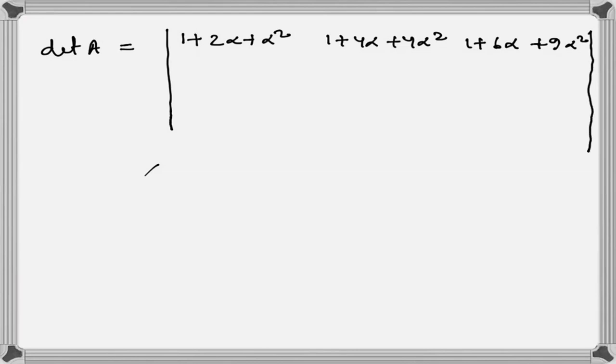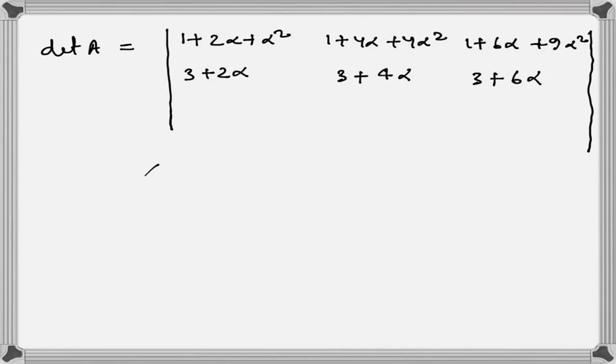The second row is 3 plus 2 alpha, 3 plus 4 alpha, and 3 plus 6 alpha.